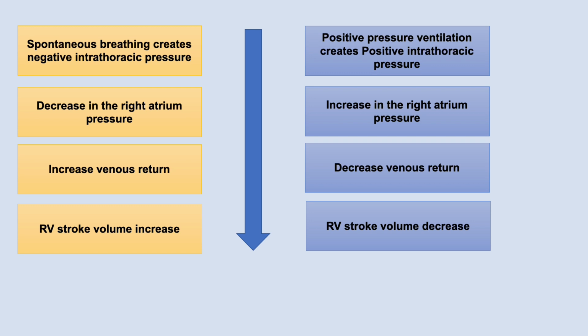The compression of the right atrium will result in an increase in the right atrial pressure, meaning there will be a decrease in venous return, and as venous return decreases, there will be decreased right ventricular volume. This effect will be more obvious in a patient who is already hypovolemic or volume depleted, or those who are right-sided preload dependent.